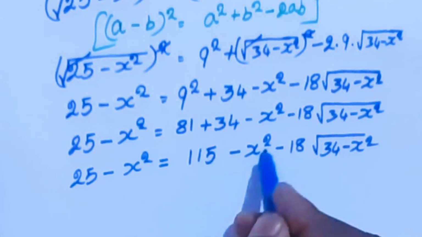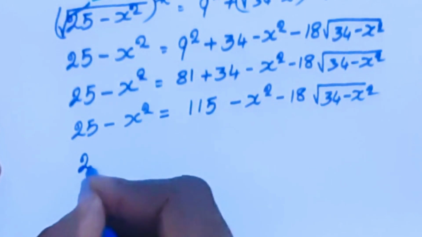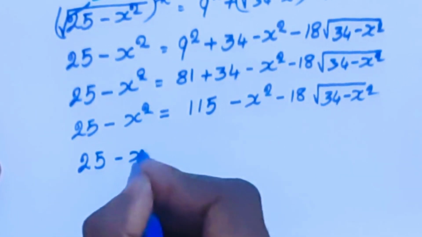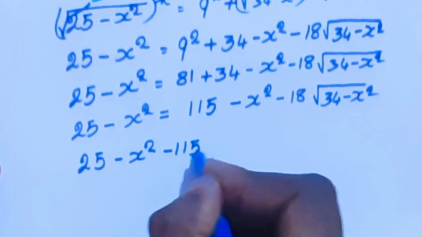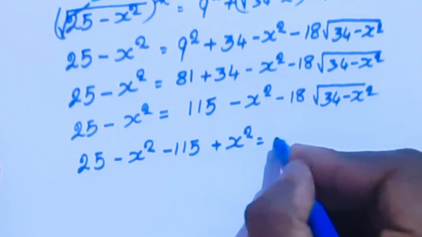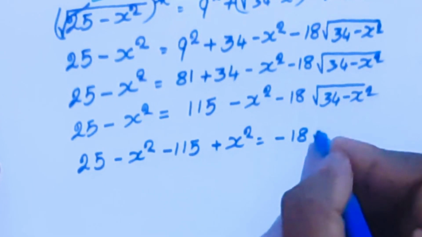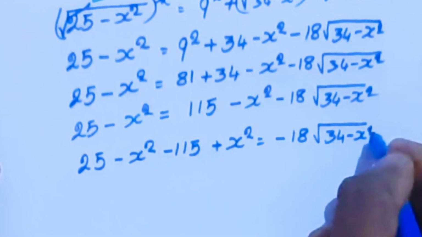Now we are moving this to the left hand side, so 25 minus 115 minus x square plus x square equal to minus 18 square root of 34 minus x square.